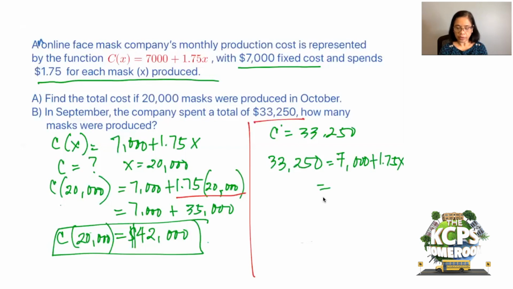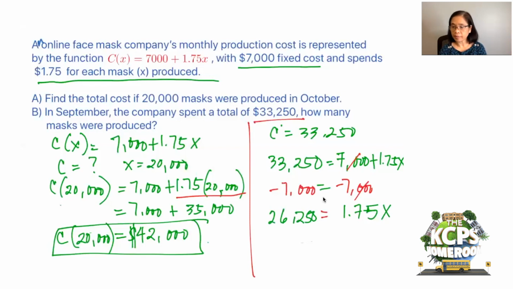So we're going to subtract 7,000 from both sides to eliminate 7,000 here. And this will leave us 1.75x on one side. And here it will be 26,250. Again, please double check my computation.